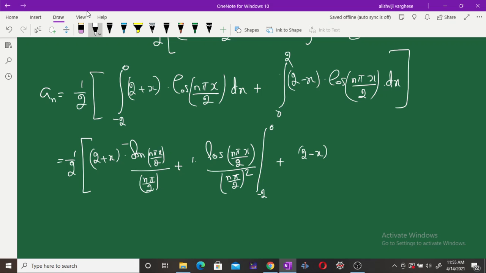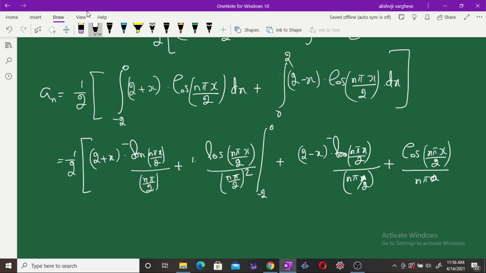This is 2 minus x into minus sine n pi x by 2 divided by n pi by 2, then minus derivative of the first becomes minus 1, so it becomes plus, then this cos n pi x by 2 by n pi by 2, and here while taking the integral of sine n pi x by 2, it becomes minus, of course.